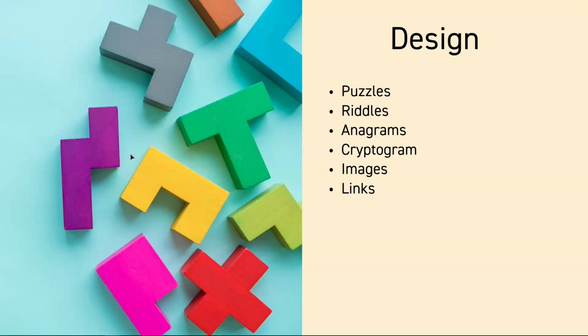Students will get into trying to figure it out and overthinking it. Having one or two of those just lightens the mood. And of course, cryptograms, anagrams, and images are a great way to have something hidden. The only issue you're going to run into with some of these is accessibility. We're going to talk a little bit about making sure things are accessible as well.